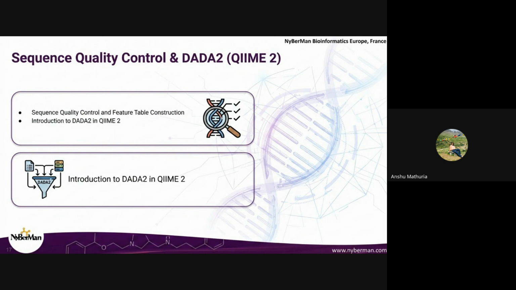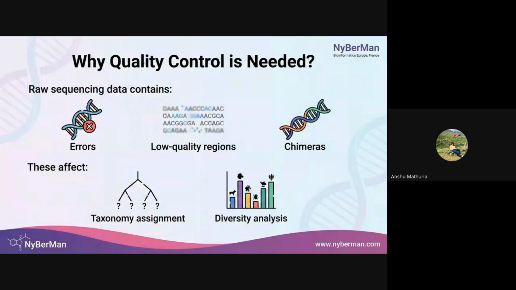I will be introducing DADA2, which is used in QIIME 2, how it is used to analyze data, and how the command works. First of all, why is quality control needed? The main reason is that there might be certain errors in the bases when they are sequenced. There can be certain low quality regions, where the base quality scores are low and those bases cannot be distinguished properly.